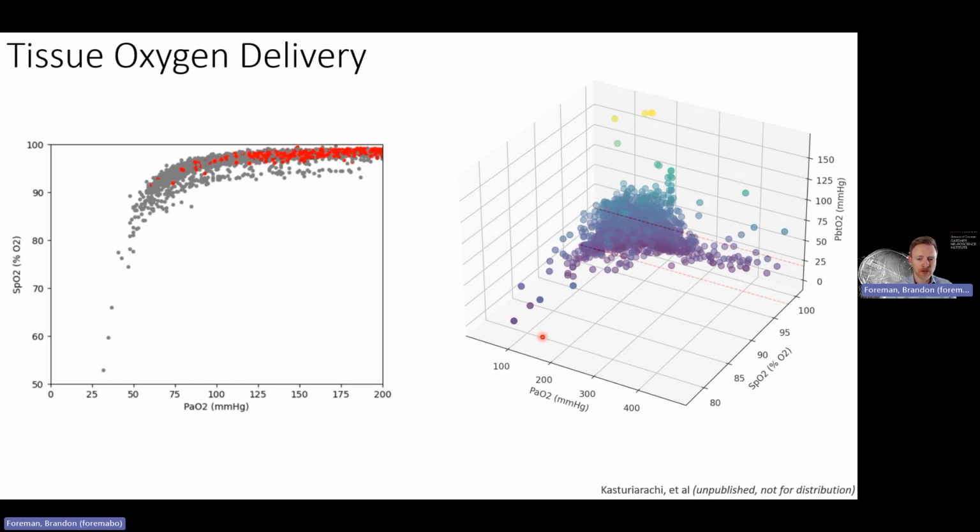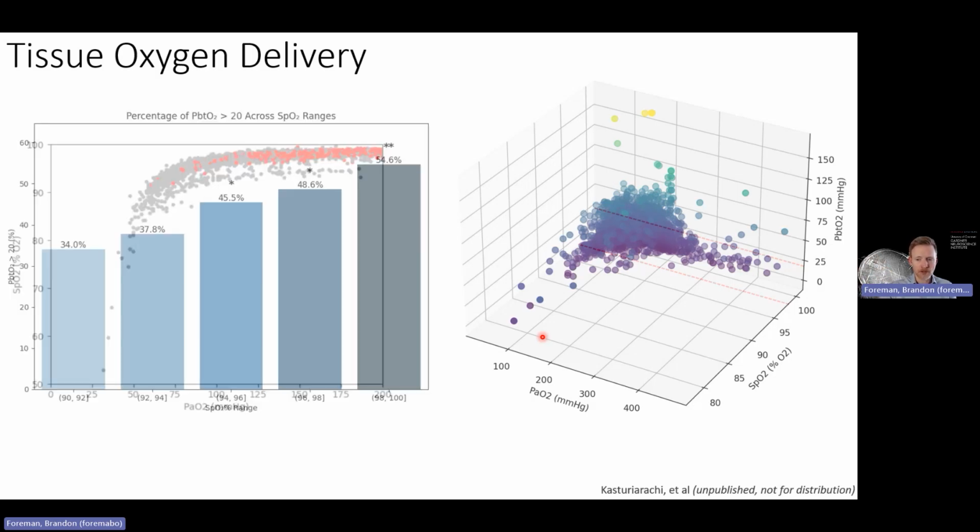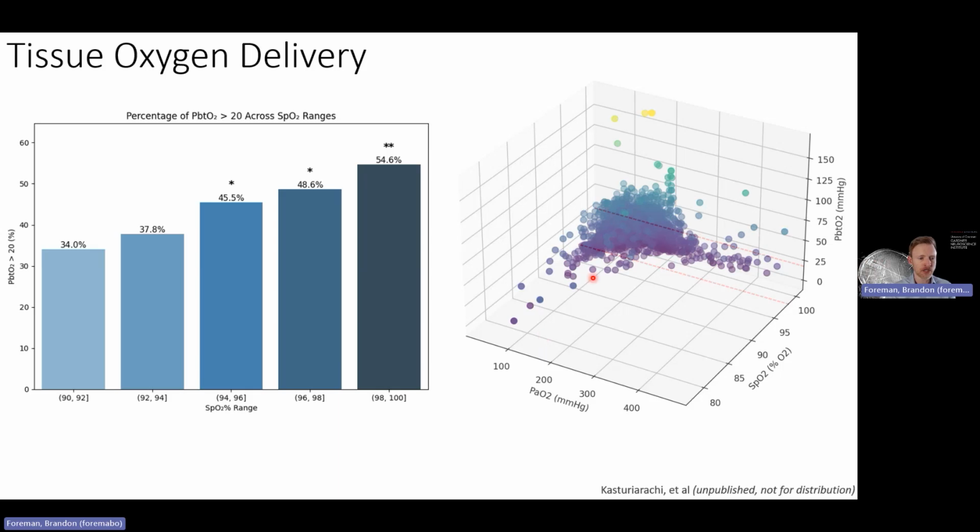And we found a convincing increase in the values of pbtO2 that were normal or above 20 millimeters of mercury when the SpO2 values particularly were above 96% and even 98% relative to these lower strata. So if you maintain an oxygen saturation on your bedside plethysmography of above 96 to 98%, then you really optimize the chance that your brain tissue oxygen is going to be normal, where you want it.